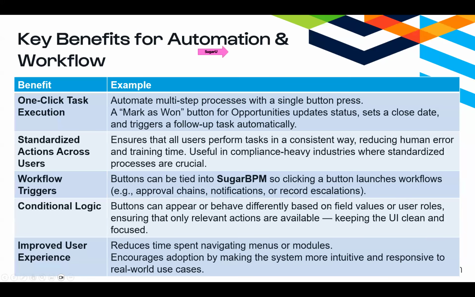So some of the key benefits for automating and affecting workflows that an action button can do is that it can have a one task execution. So this is very similar to what we did in leads, but if a particular record, and we'll do this on a revenue line item, the example it has here is if the button is called mark as won, as soon as something happens, right?